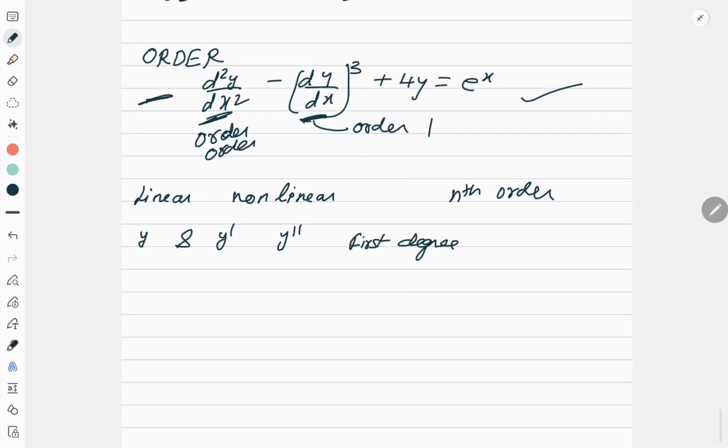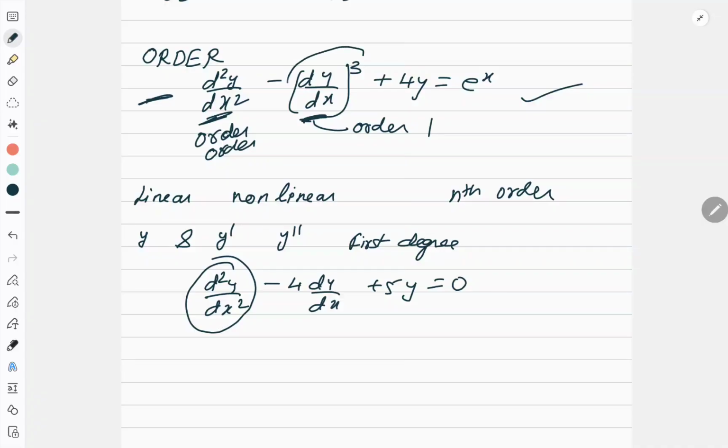For example, take d2y upon dx square minus 4 dy by dx plus 5y is equal to 0. Correct? So this is a linear differential equation of order 2 because y, dy by dx, d2y by dx square don't have any power. Now what is a non-linear ordinary differential equation? One which is not linear.